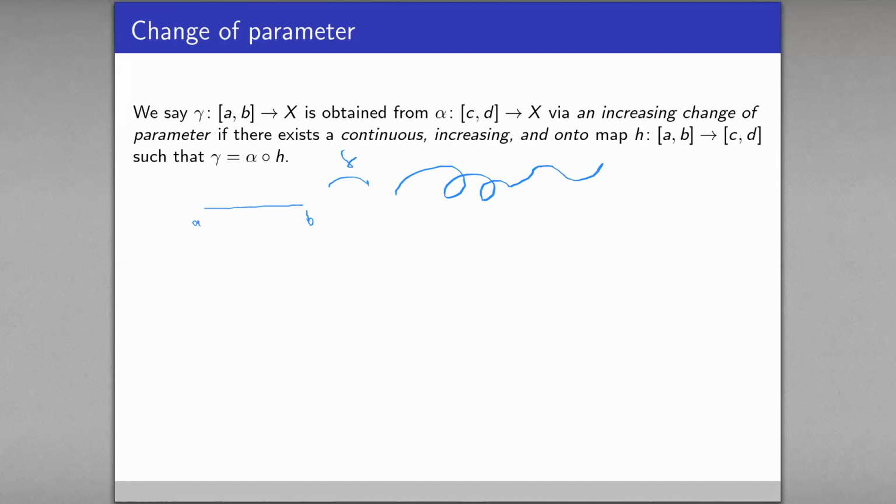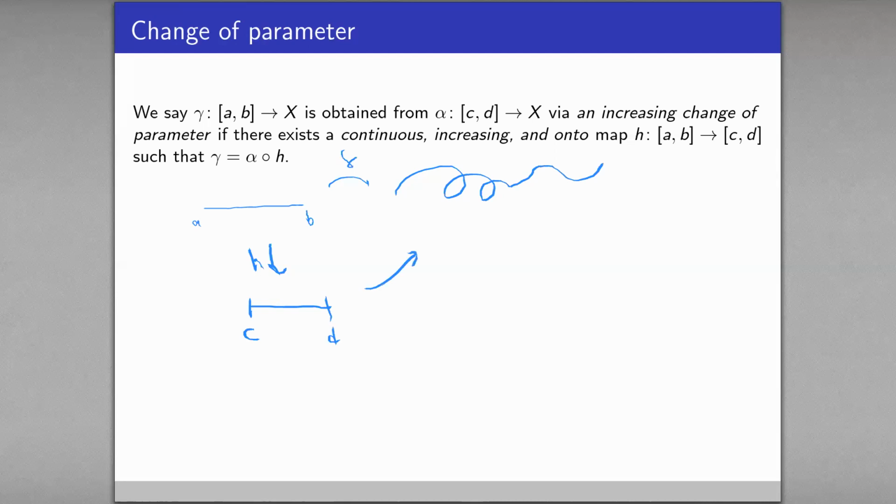Now, if you have a function h which, for now, let's say bijectively transforms this interval to a new interval, so AB becomes CD in a one-to-one, bijective, continuous fashion.